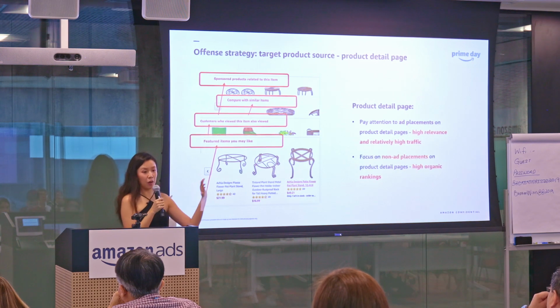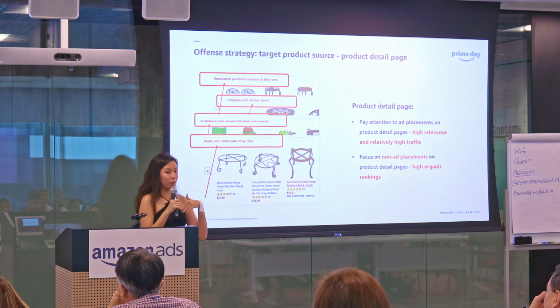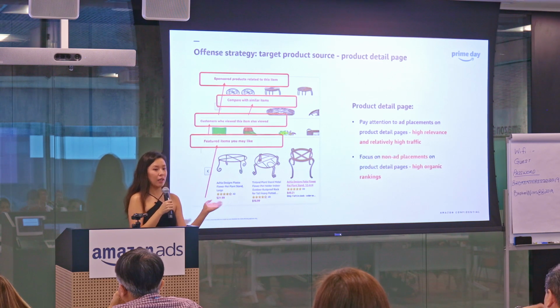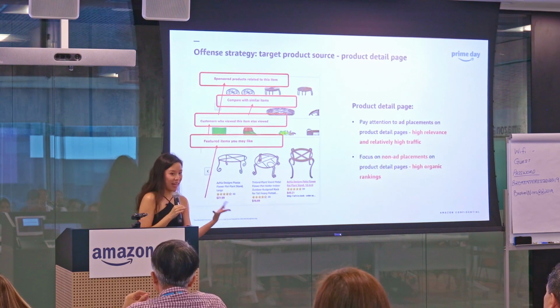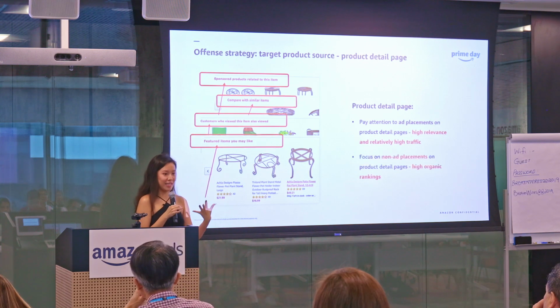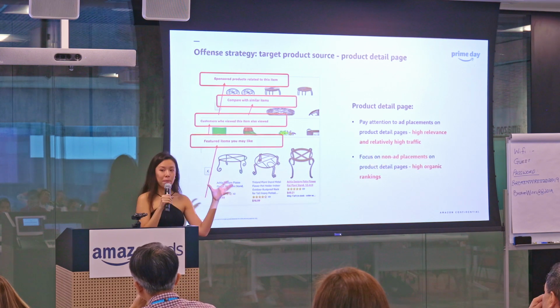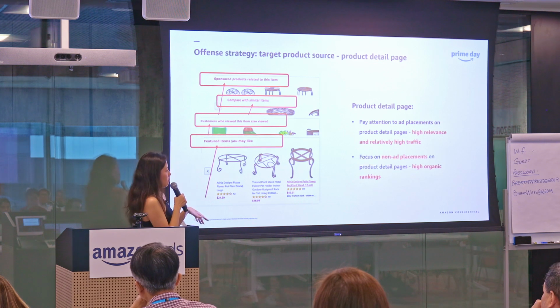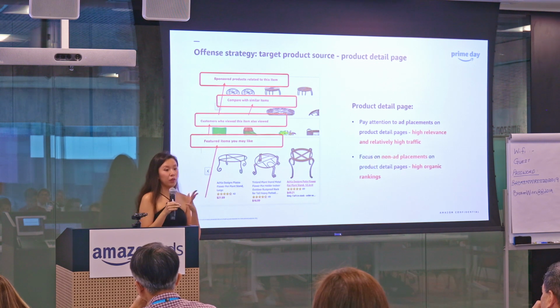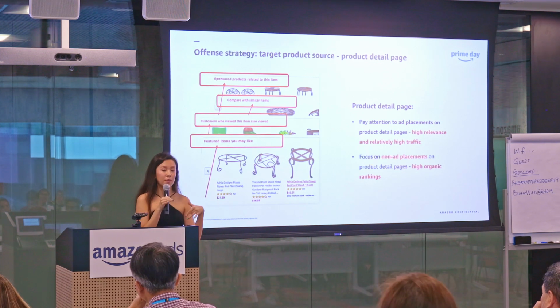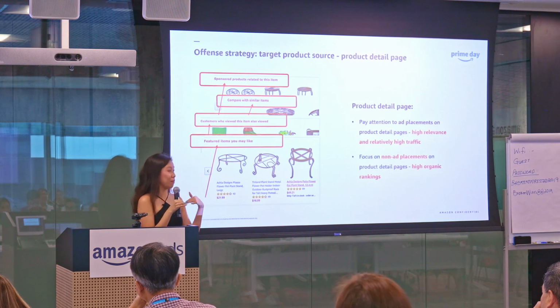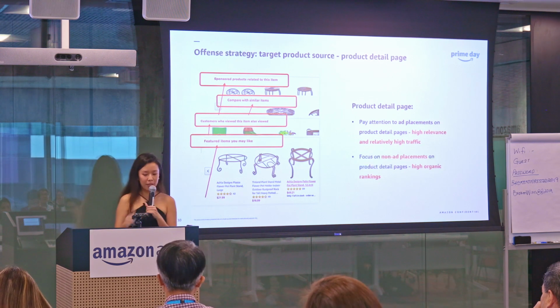If they have high organic rankings, it means that they're doing something very right with their listings. So you can copy with pride some of the best practices from those listings in terms of optimizing your listings. And definitely you want to note the keywords that they're using in their listings, and maybe implement some of those keywords for yourselves.